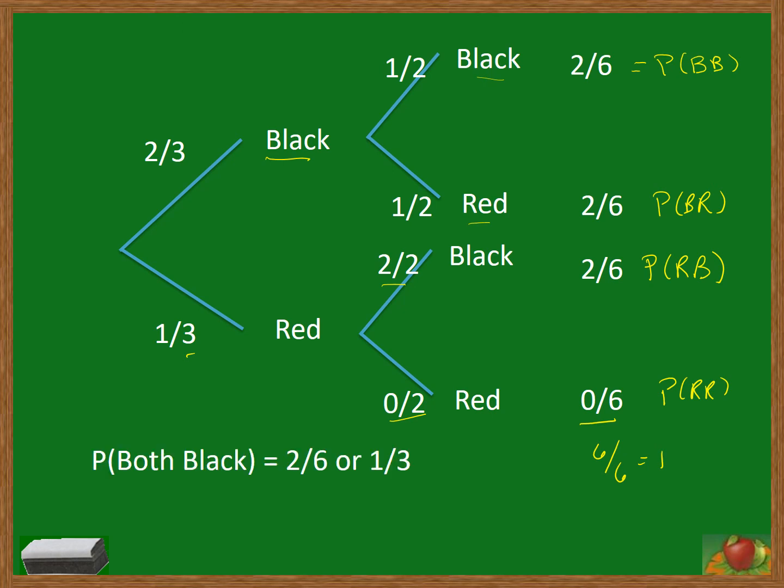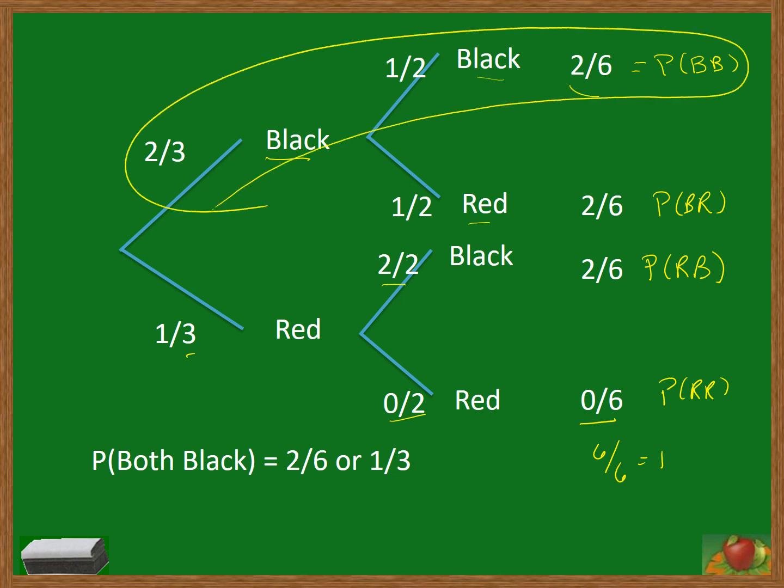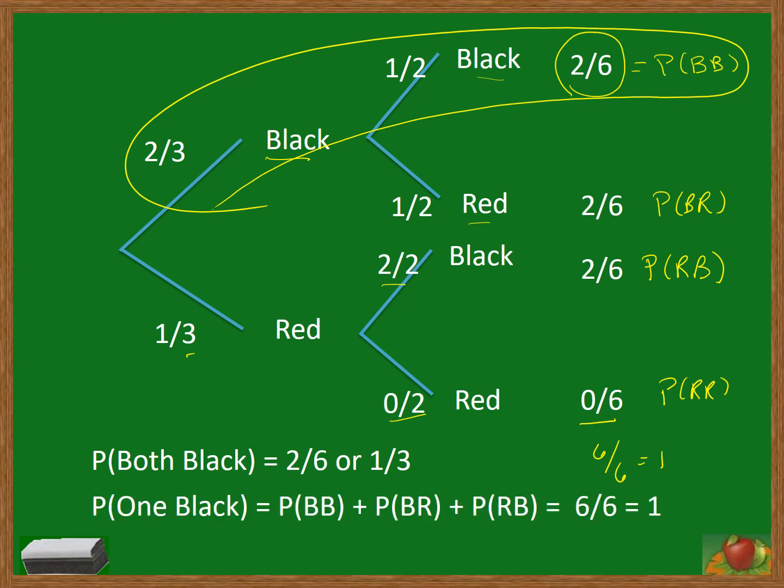So now let's look at the probability. The probability that I get both black only happens here. So I just look at this branch to tell. Probability I get 1 black. Okay, that happened. I've got a black here.